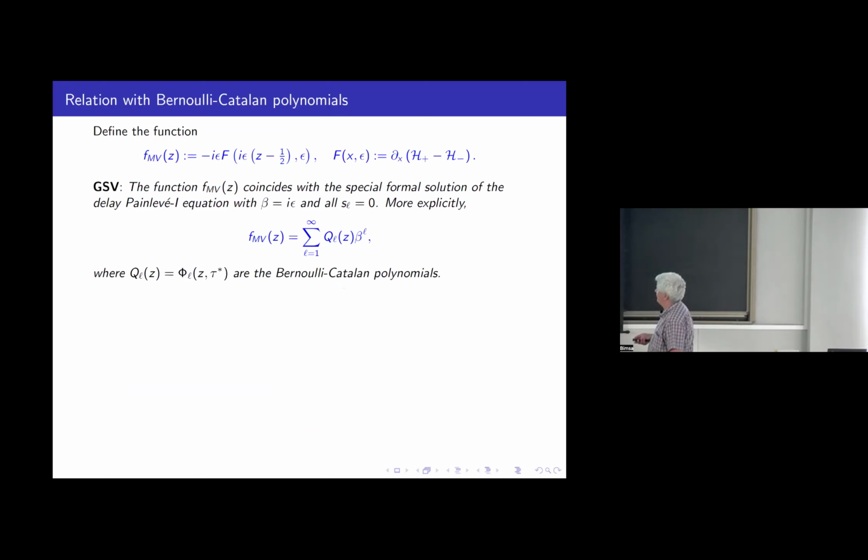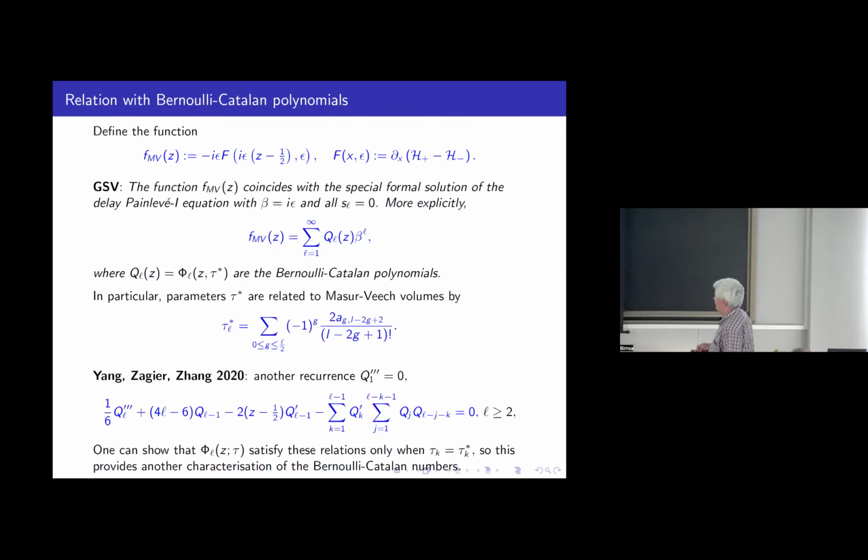So it turned out that this formal solution we studied is exactly related to this calculation, right? In particular, these tau star parameters are linear combinations of Masur-Veech volumes.